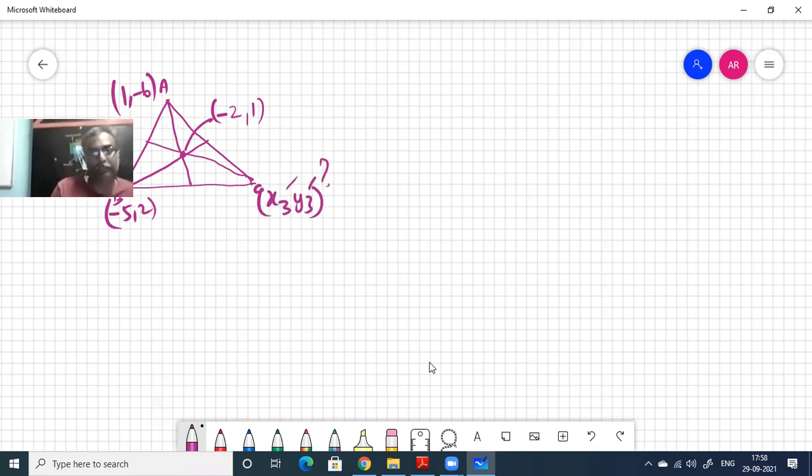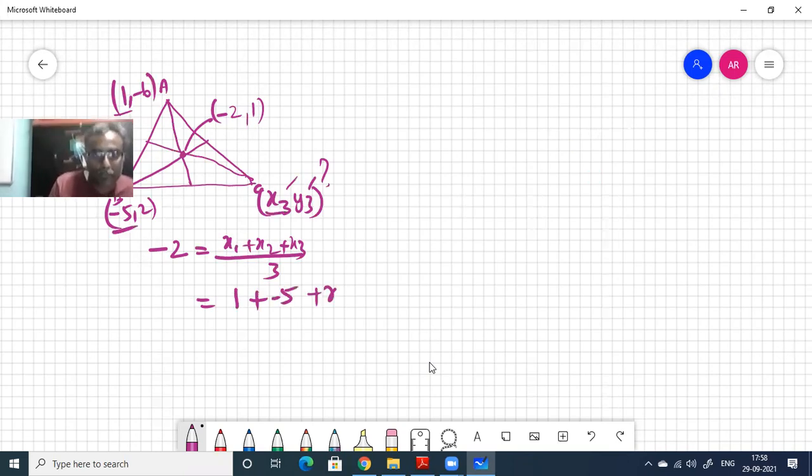Very simple. What you have to put: the centroid x is equal to -2, so -2 equals (x1 plus x2 plus x3) by 3. x1 you know is 1, so (1 plus -5 plus x3) by 3 is equal to -2.